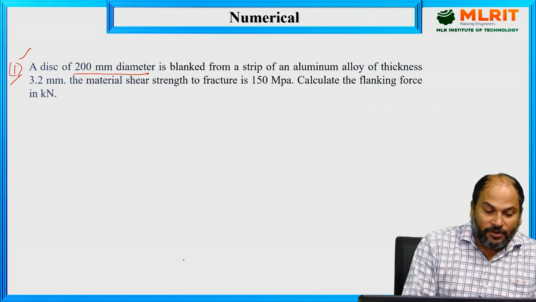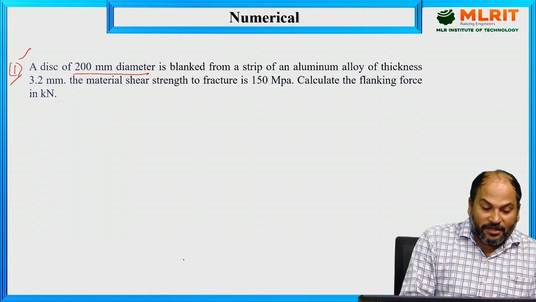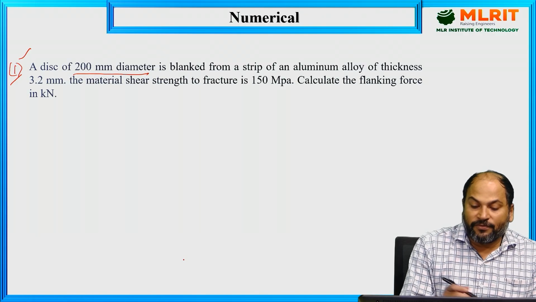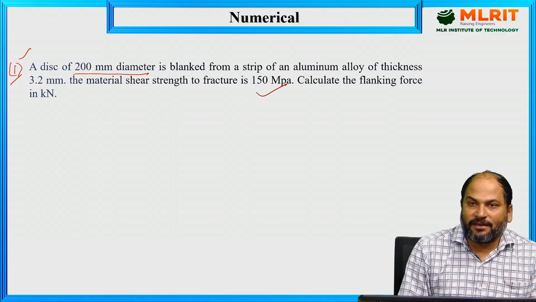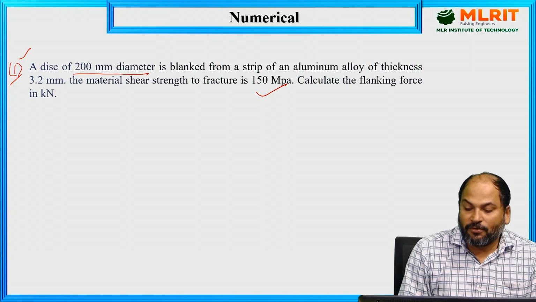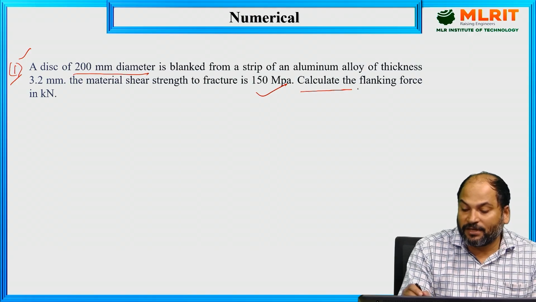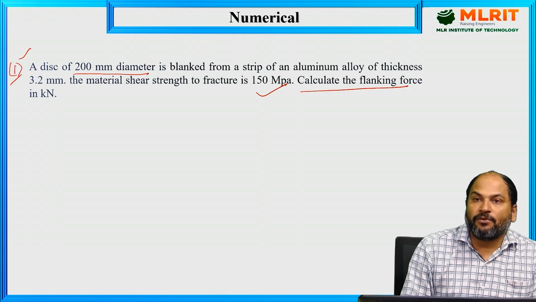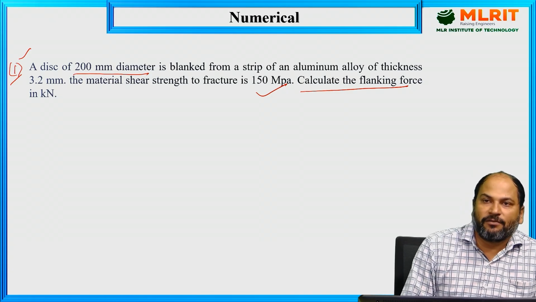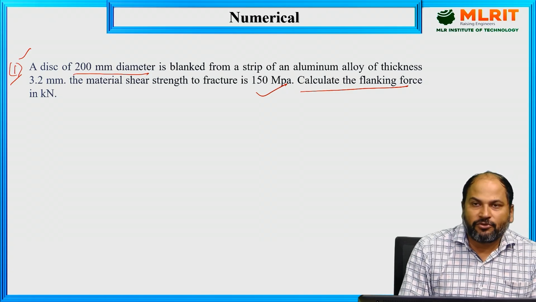The material shear strength to fracture is 150 megapascal. What we have to calculate is the shearing force or blanking force in kilonewton.